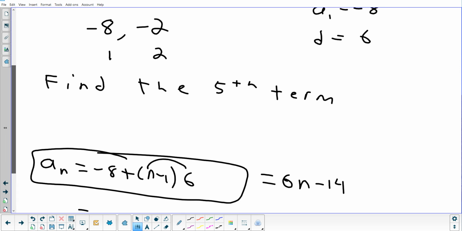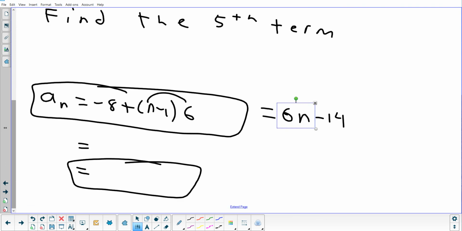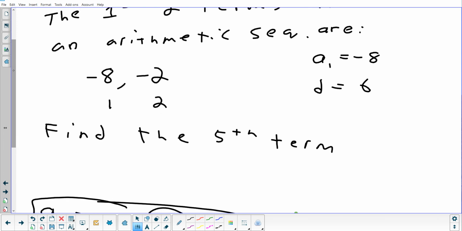But if they wanted the 507th term, then you definitely want to find the formula and now fill in 507. We're only filling in 5. So what's 6 times 5? 30. And 30 minus 14? 16. So a sub 5 is 16. Questions on that? So that's doing it explicitly versus just saying, okay, I'm going to add 6, and then add 6, and then add 6 again.